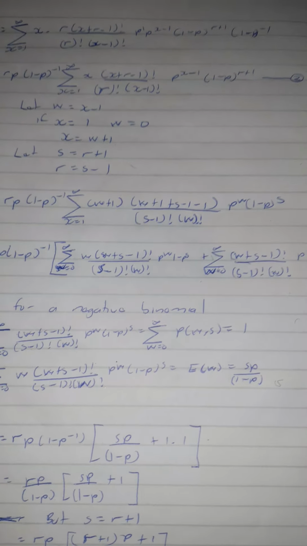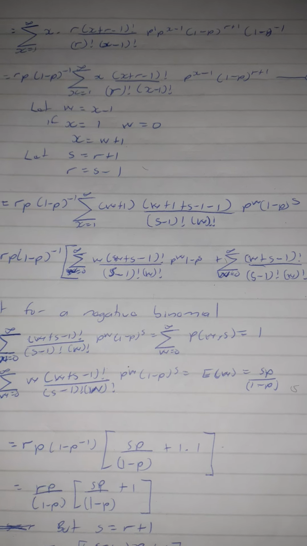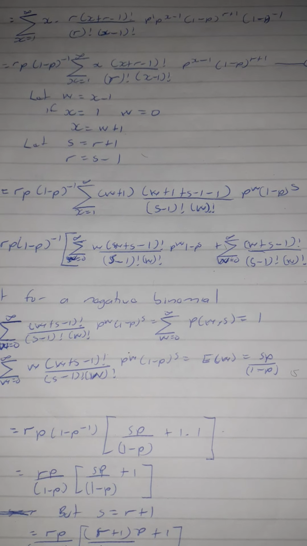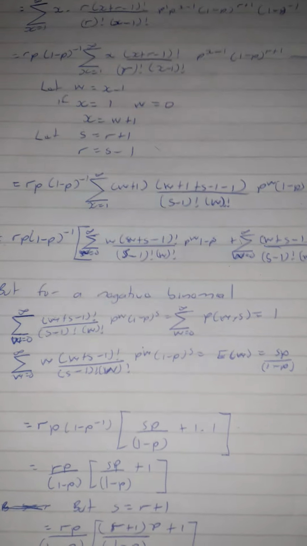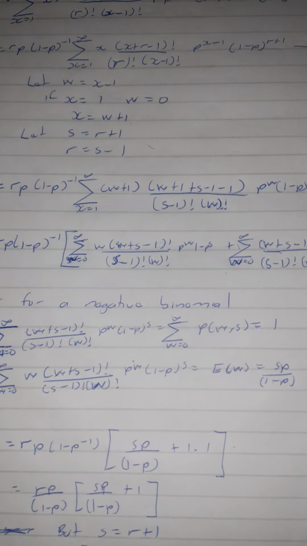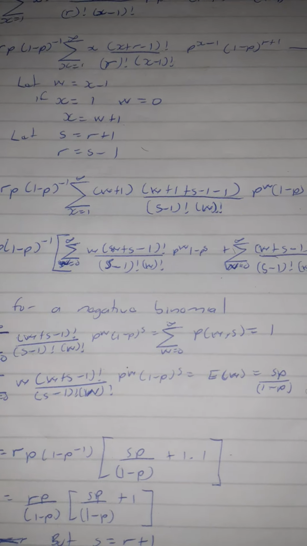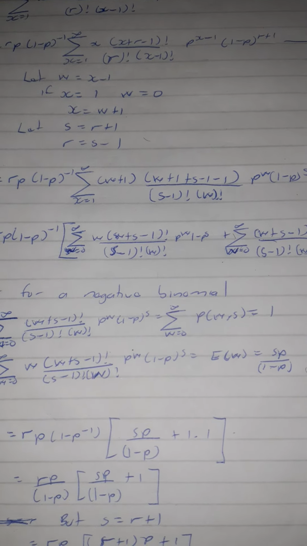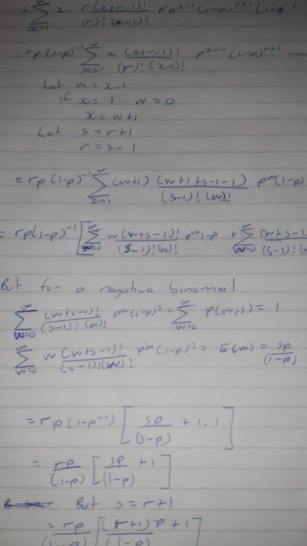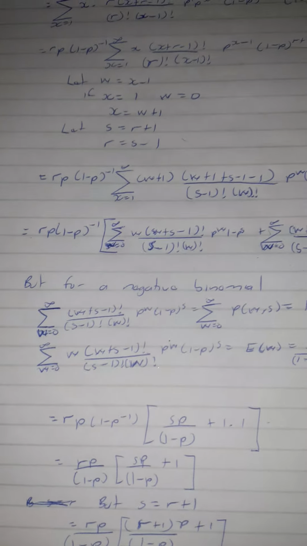You remember how they write the expression to get the probability at a point. So it will be equal to the summation of all the probabilities, which is equal to 1, because the negative binomial is a PMF.